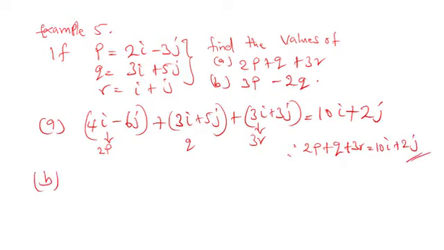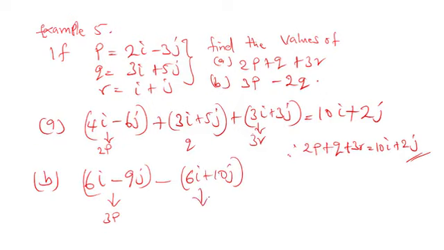Now let's do the second one. We are looking for 3p minus 2q. Let's go for 3p. 3 times 2 is 6, so 6i, minus 3 times 3, 9j. This is the value of 3p. Then minus 2q. 2 times 3 is 6i, then 2 times 5 is 10, plus 10j.